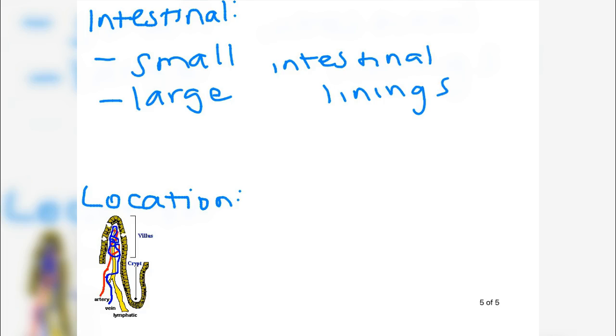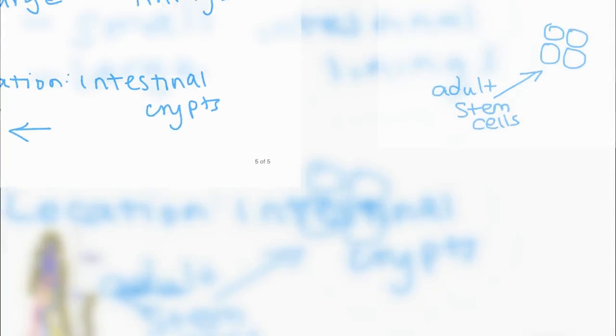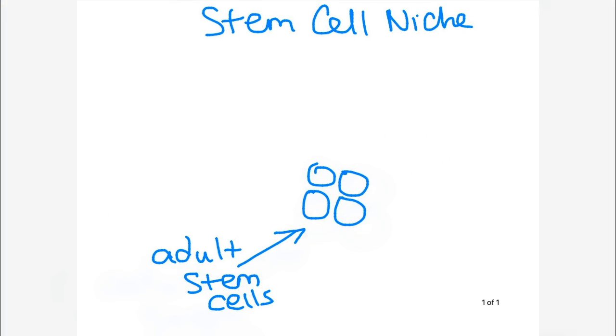And intestinal stem cells are primarily located in intestinal crypts, such as the one shown here. There are other stem cell types, such as olfactory, testicular, and mammary, but we'll not go over those in this video. Within the body, adult stem cells can't just live anywhere.